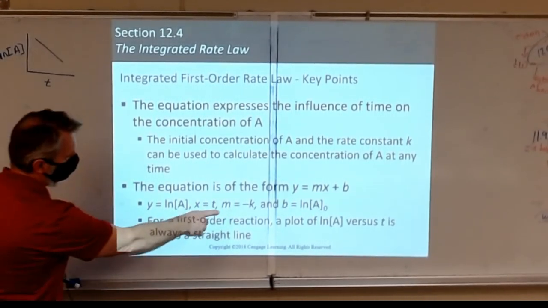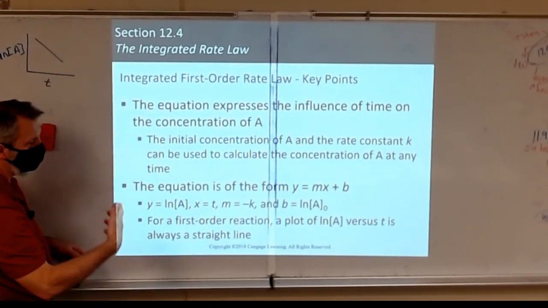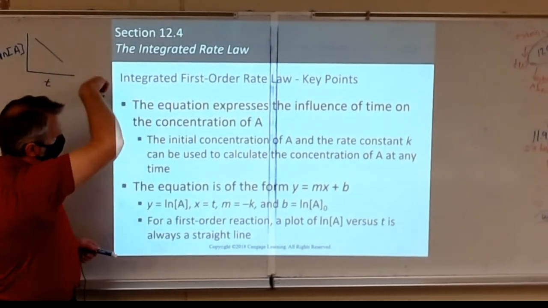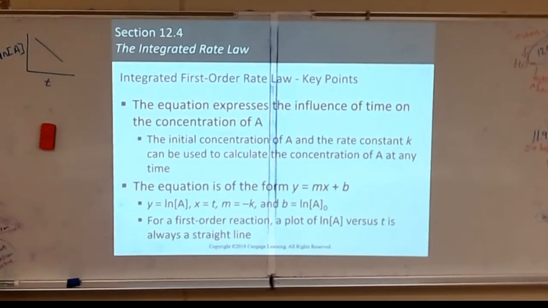So m is negative k, because k has got to be positive, but that's going to be negative k, a negative slope, and your b-intercept is your natural log at time 0, which is something up here, right? Because you're always going to start with something above 0, and you're never going to go below 0.